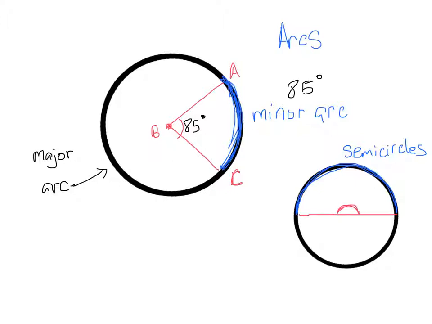Blows my mind. Whenever you're asked to find an arc measure, and I'm stressing that word measure for a reason, you're really finding the size of the central angle that's associated with it.